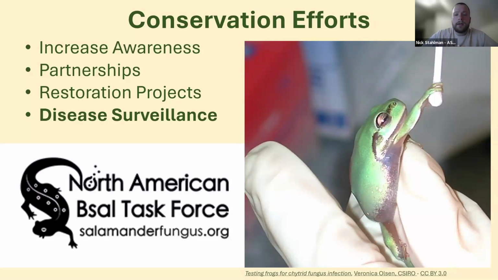There are a lot of efforts to connect each other and monitor for this because it's not here yet. So this fungal disease, BSAL, is not in the US, but there are some lab studies that show that if it gets here, at least 80 of the 140 species here can be infected by this, and some of them could suffer significant losses.